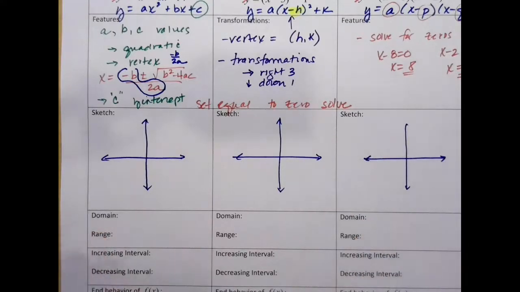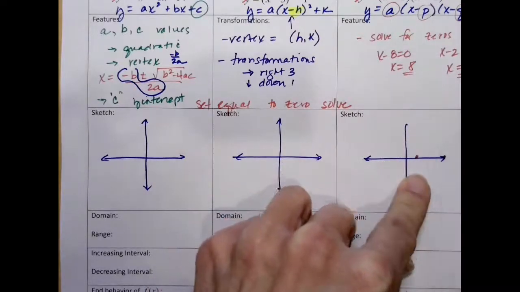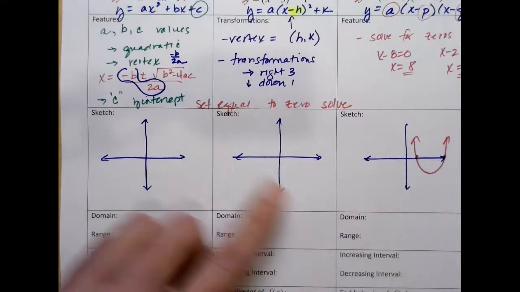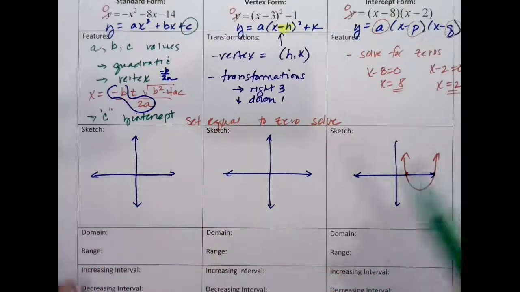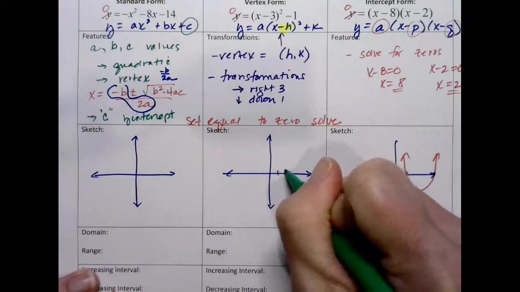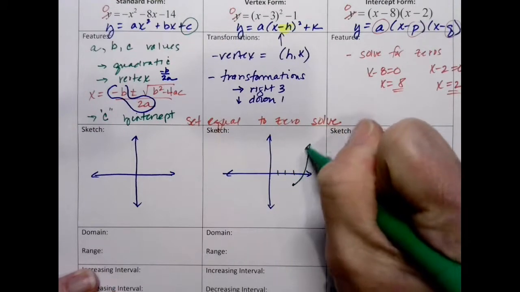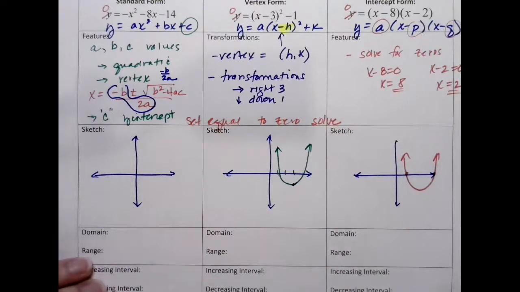So I know, for example, this crosses the axis at 2 and 8, so I can easily say that this graph is up like a cup, like that. For this one, I know that its vertex is going to be to the right 1, 2, 3, and down 1. So we can go ahead and know that this graph is going to be like that.